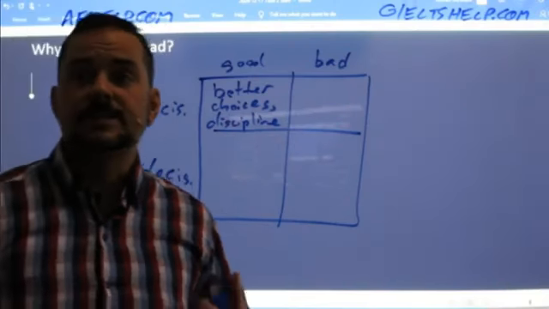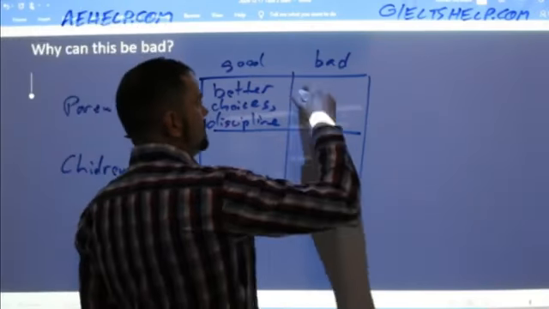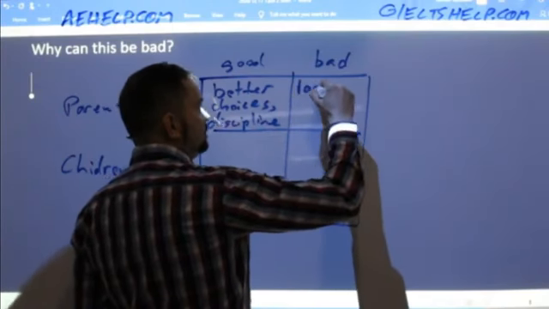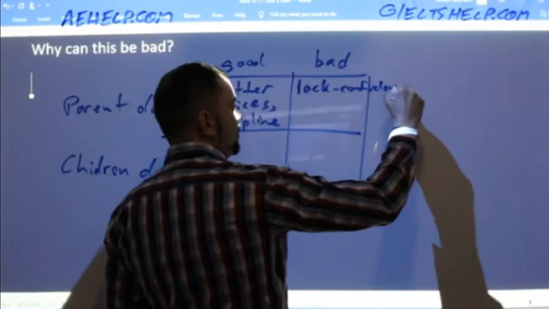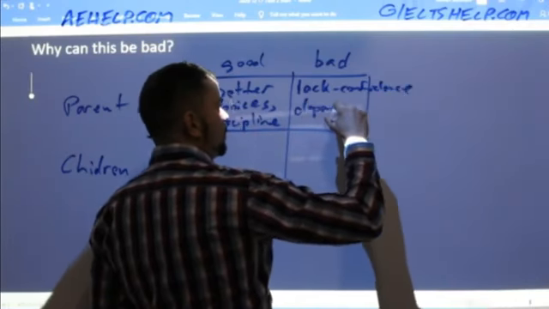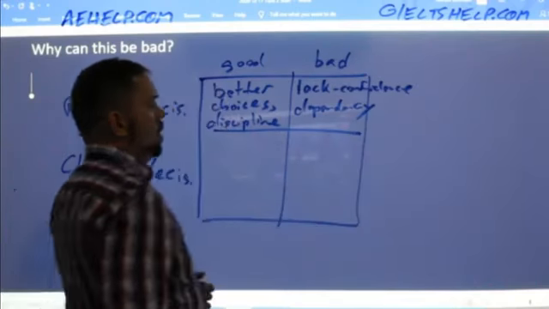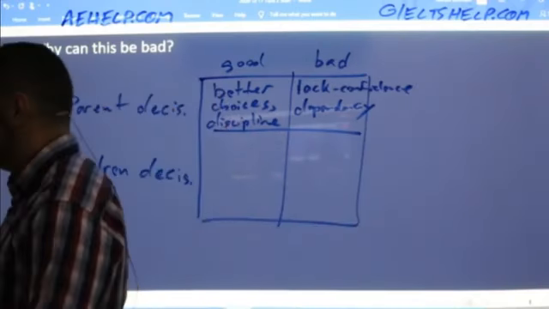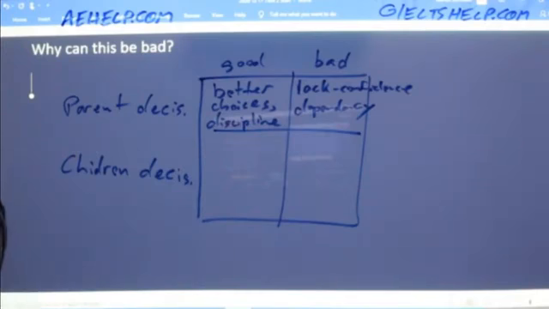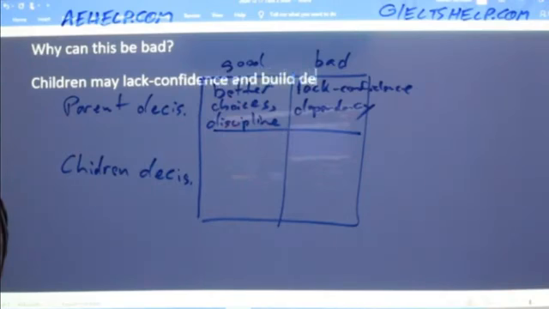Okay, so children says dependency, lack of confidence. Okay, good. Yeah, so lacking confidence and dependency, absolutely. So good. Okay, so now we go through the same concept.